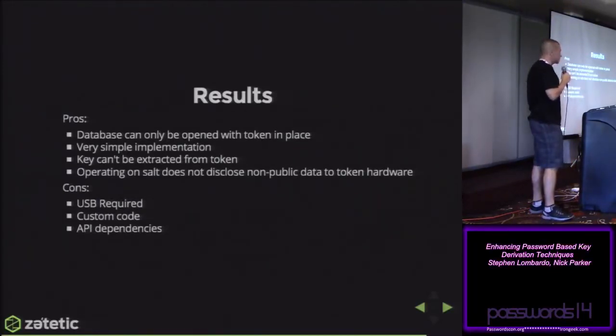The other cons really involve the fact that you've got a lot of additional code involved, so it's complexity, right? There's custom code that has to be implemented for the SQLCipher side. There are callbacks that actually do the work of interacting with the APIs, and then there are the API dependencies themselves.